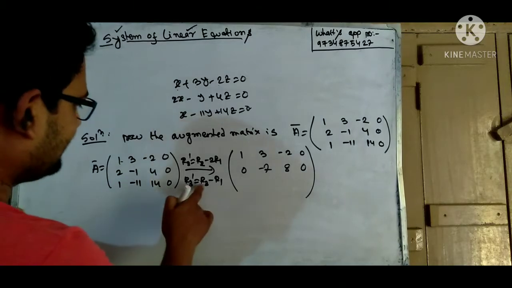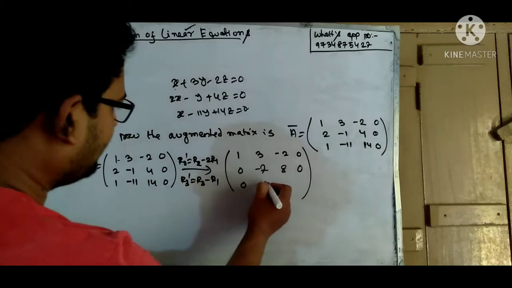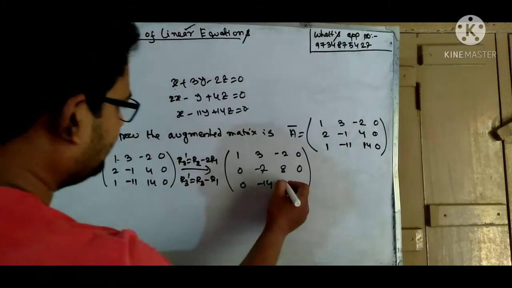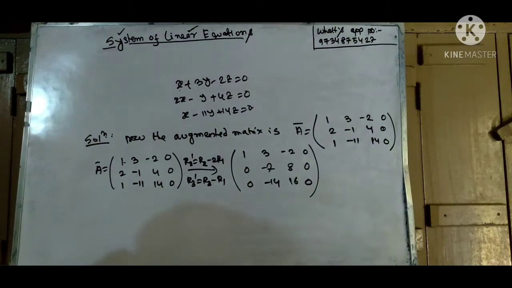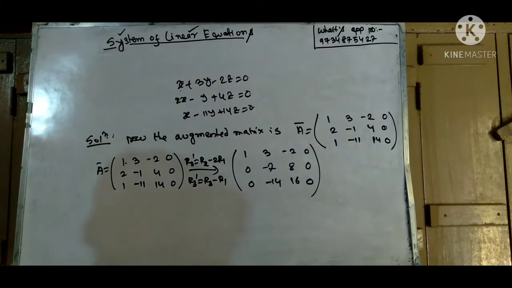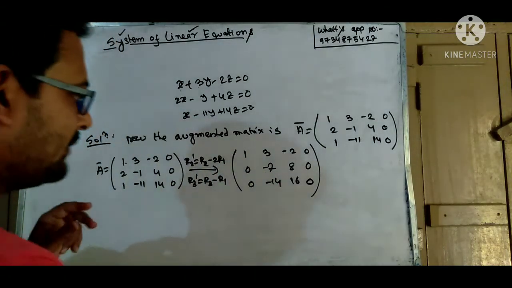Similarly, if we subtract R1 from R3 then it will be 0, -14, 16, and 0. Clear? So, the leading one and its below elements are all 0. Now come to the second row.